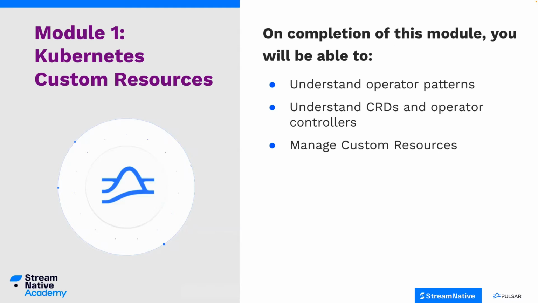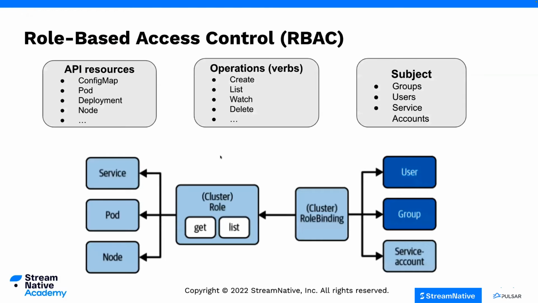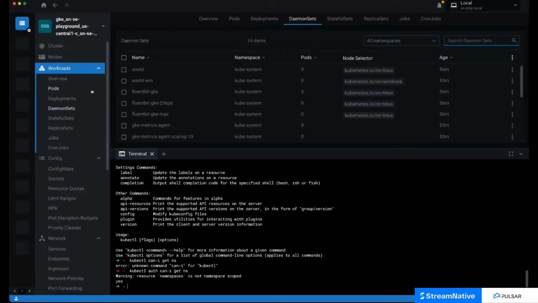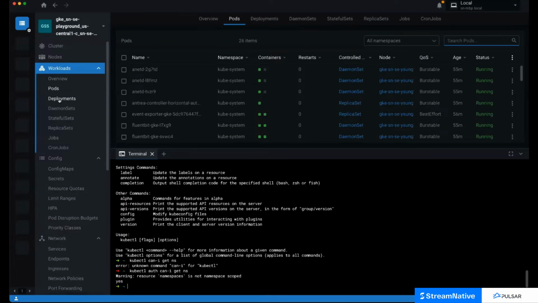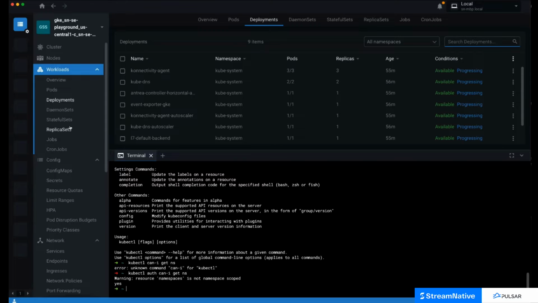Basically, those resources, service, pod, node, deployment, are called resources. Those are built-in resources. Okay, so if you go to Lens, you will see workload, pod. These are all built-in resources. You can create pod, you can create stateful set.